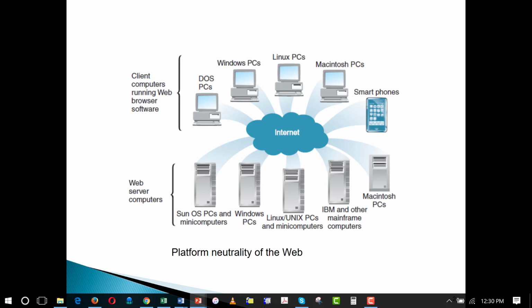And we've talked about something called platform neutrality. Well, this is kind of a nice visual where regardless of what kind of system you use, whether you're on a PC or a Mac or smartphone or a tablet or anything, they're all using those same TCP/IP protocols we talked about to turn the data into packets, to send it on the web.